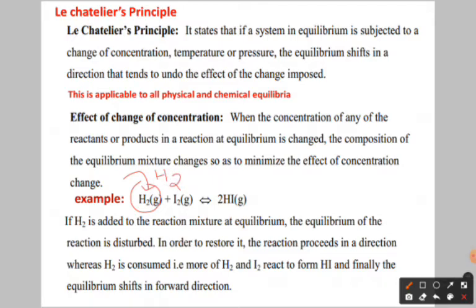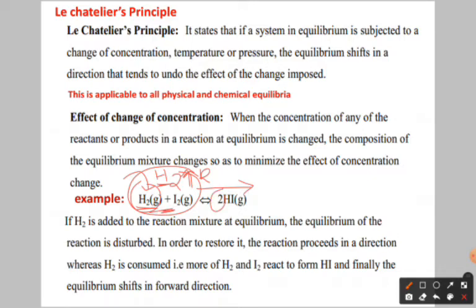So what happened here, the concentration of H2 is going to increase, means already H2 is there, you are going to add more H2, so concentration of H2 is increased. Then what happened here, on the total reactant side the concentration is more, so now the reaction is going towards the forward direction to compensate this more amount of concentration.